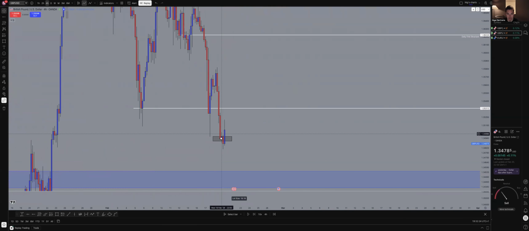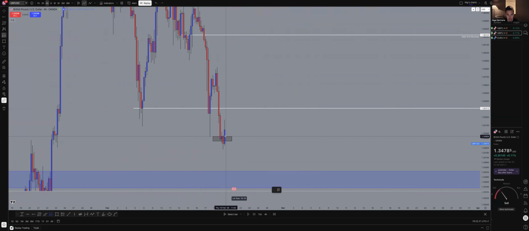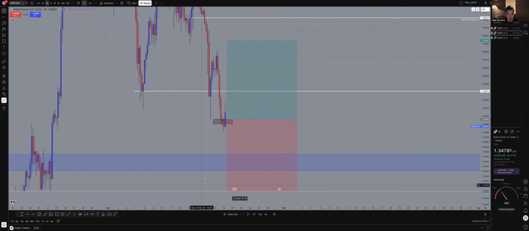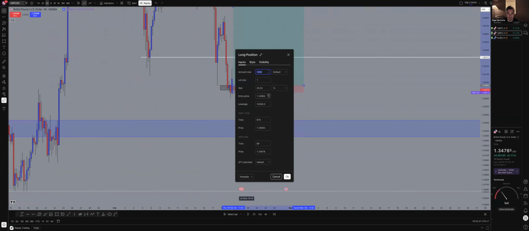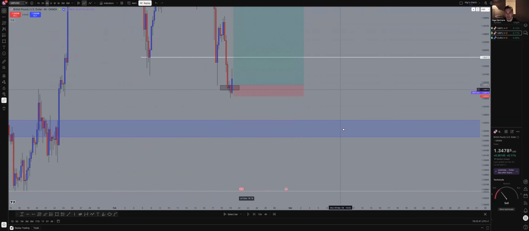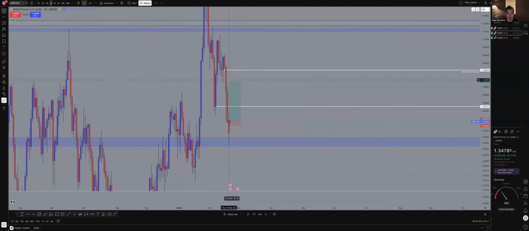We had the impulse, the IC, and price turned around impulsively. From there on, I could take my long position, round it off, plus 5 pips. And if I go to the first daily structure, this was my risk to reward.